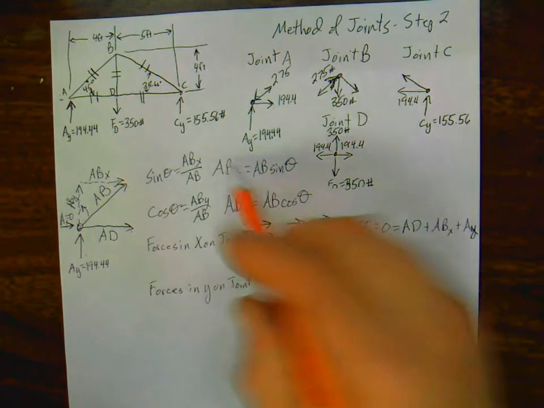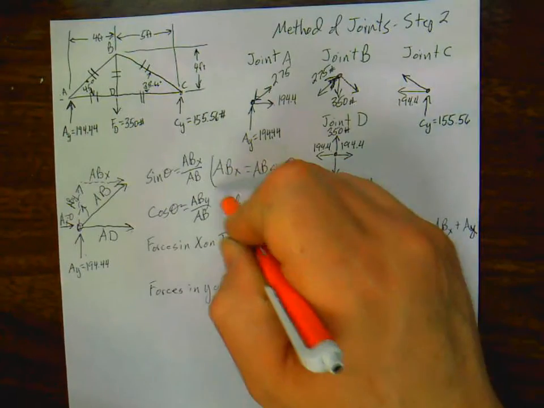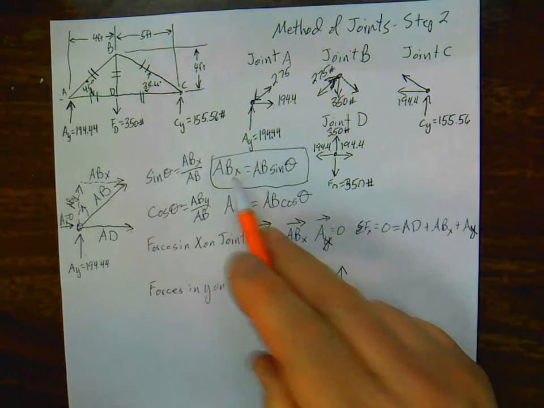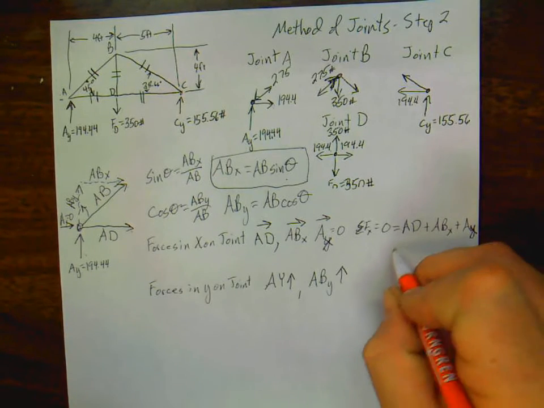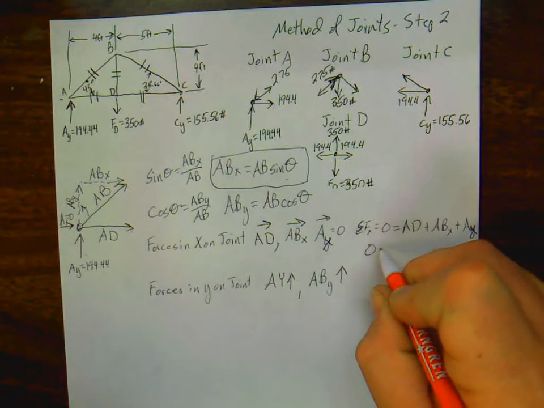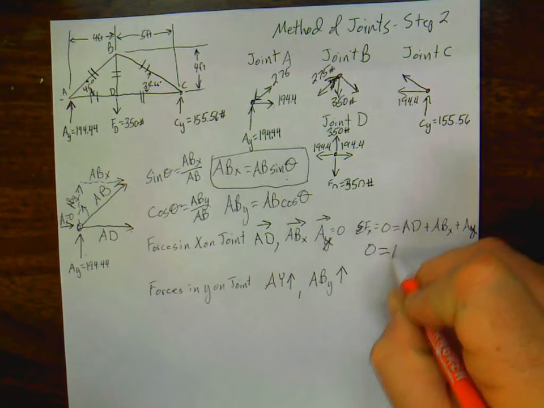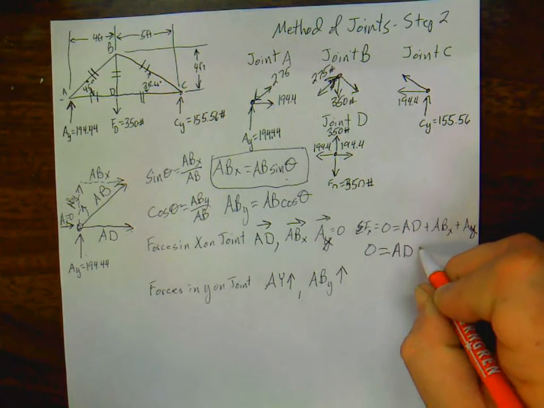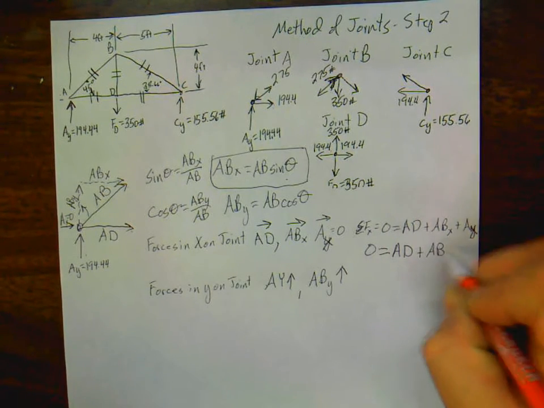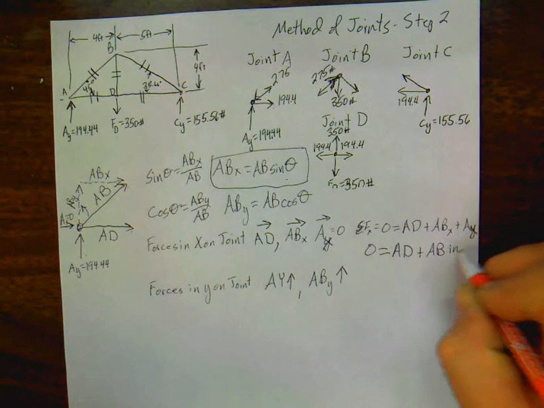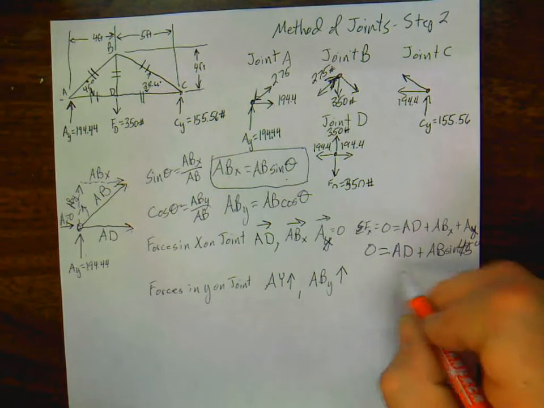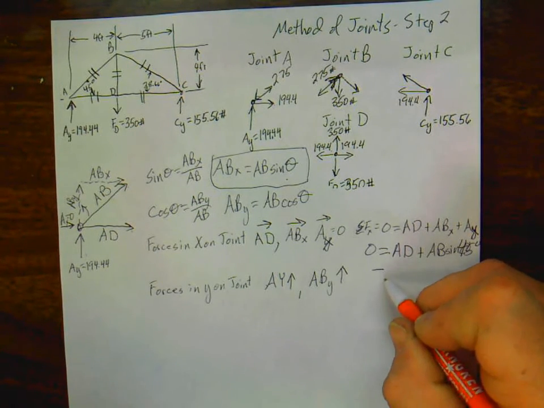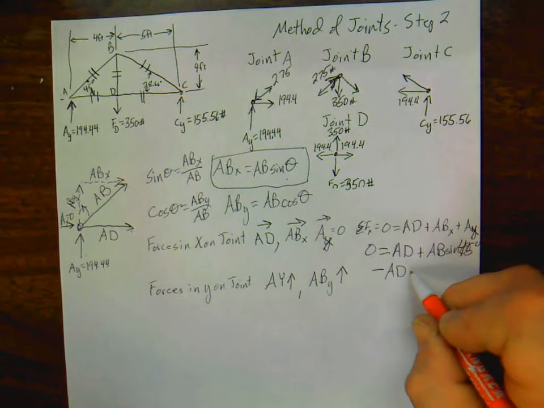So here, 0 equals AD plus AB sine of 45 degrees. So minus AD equals AB sine of 45 degrees.